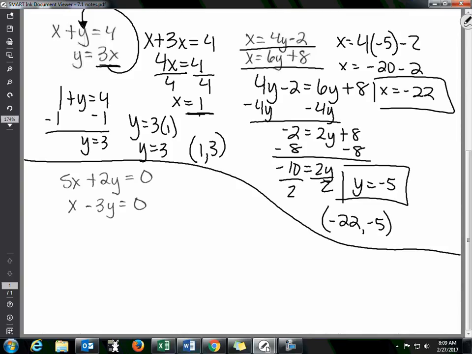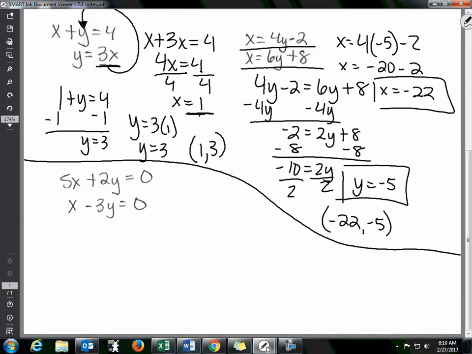Okay. Now, looking at this system, if I solve for either of the variables in the top equation, 5x plus 2y equals 0, I get fractions, okay, which isn't bad, but a lot of students tend to not like fractions, so I'll try to stay away from that. So I'm going to look at the bottom equation, x minus 3y equals 0.